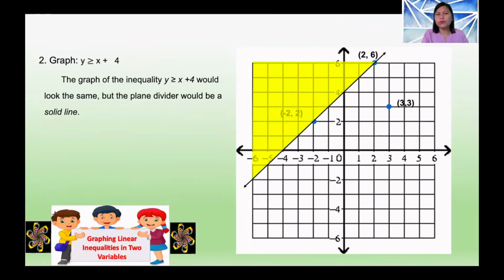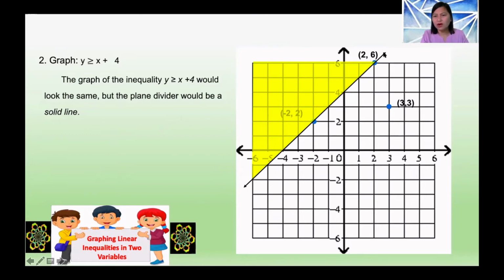Number 2, y is greater than or equal to x plus 4. So the graph of the given linear inequality would look the same as in number 1. The only difference is the plane divider. This time it is a solid line because the inequality symbol is greater than or equal to.